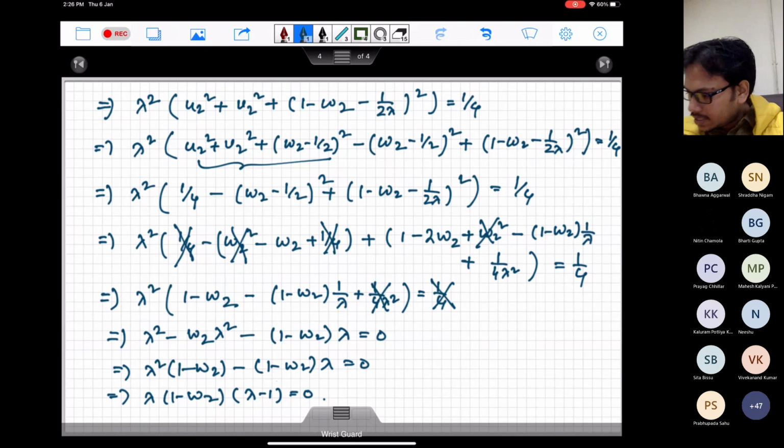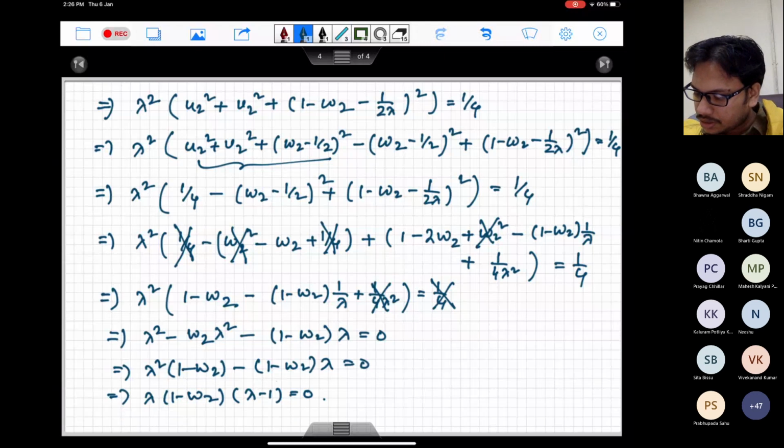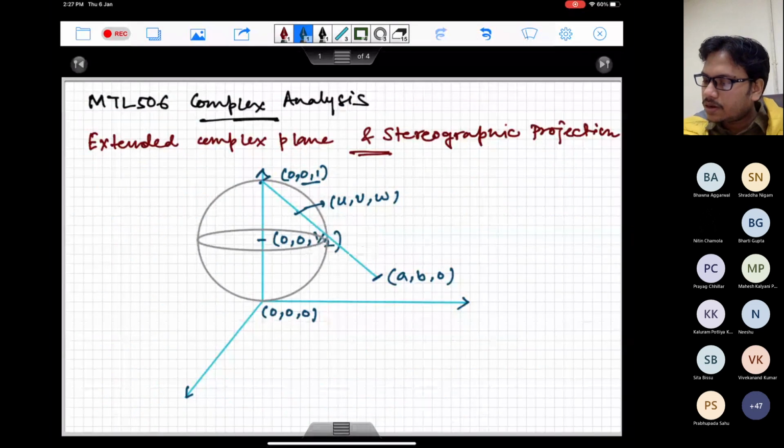Okay, now let us try to see what I am going to get. This point (u2, v2, w2) is not the north pole, that is, not equal to (0, 0, 1). So therefore in particular w2 cannot be equal to 1, right? Do you all agree to this? On this sphere, if you take any point which is not the north pole, of course that cannot have the last coordinate equal to 1.